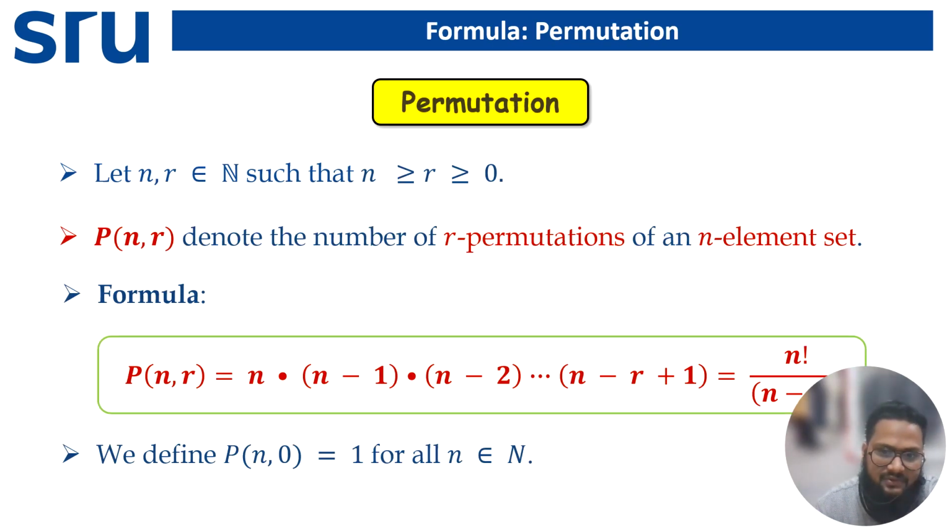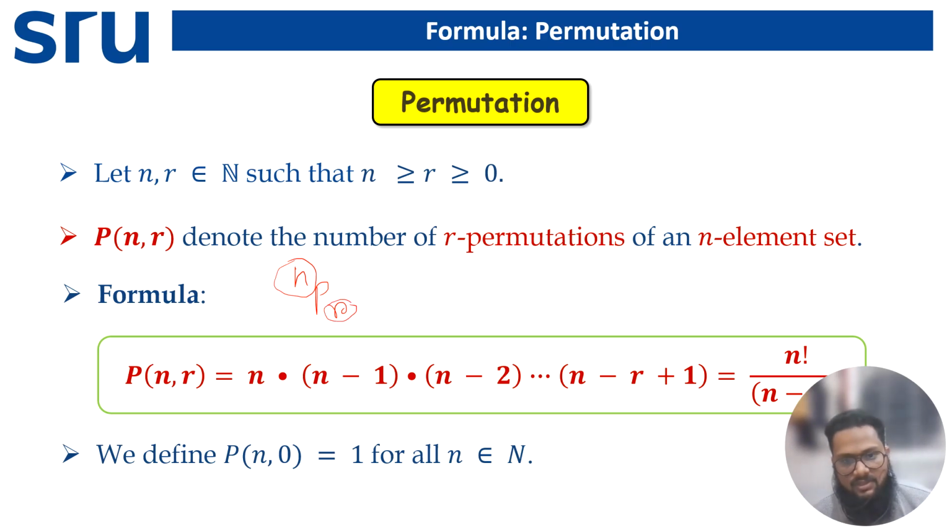Now if you see the mathematical point of view, I have already started talking about what is called permutation. If you have two natural numbers n and r, which are greater than or equal to 0, then you can denote this as nPr, where n represents the number of elements in the set and r is the number of elements arranged.